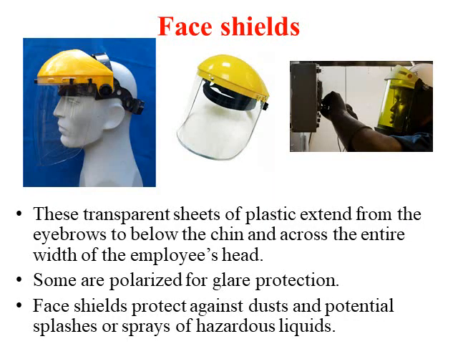In the next few slides, we'll discuss different types of PPEs that are used to cover the various parts of the human body. Let us start with the first one, eye and face protection. Now, in an industry, employees can be exposed to a large number of hazards, and these hazards pose danger either to eyes or face.